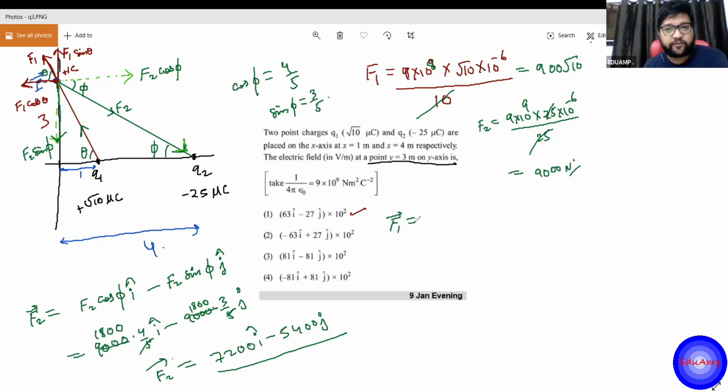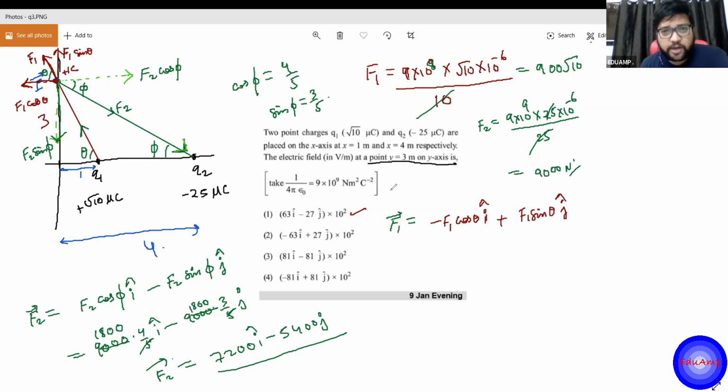So F1 I can write as negative F1 cos theta i cap, why negative? Because it is in the negative x direction. Plus F1 sin theta j cap, plus because it is pointing towards the positive y direction, upwards.